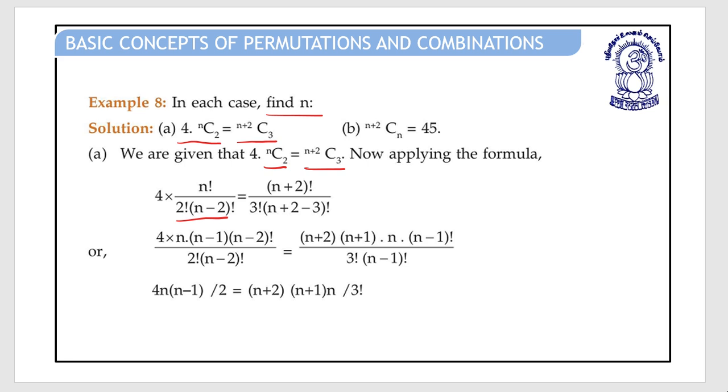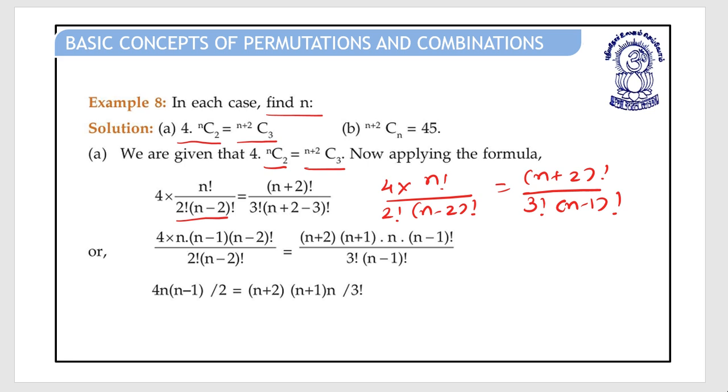So you will get n factorial upon 2 factorial, n minus 2 factorial, n plus 2 factorial upon 3 factorial, n minus 1 factorial.